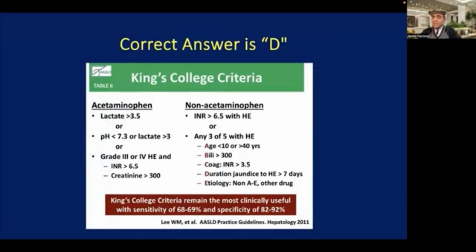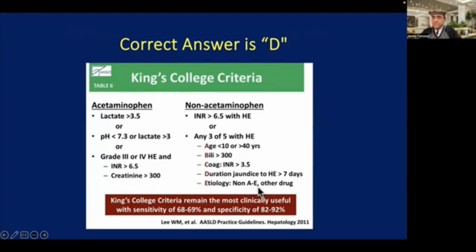This is the King's College criteria, and this was the non-acetaminophen case. So INR more than 6.5 with HE, or any 3 of the 5 with HE: age less than 10 or more than 40 years, bilirubin more than 300 equivalents, PT INR more than 3.5, duration of jaundice more than 7 days, etiology non-A non-E or other drug.